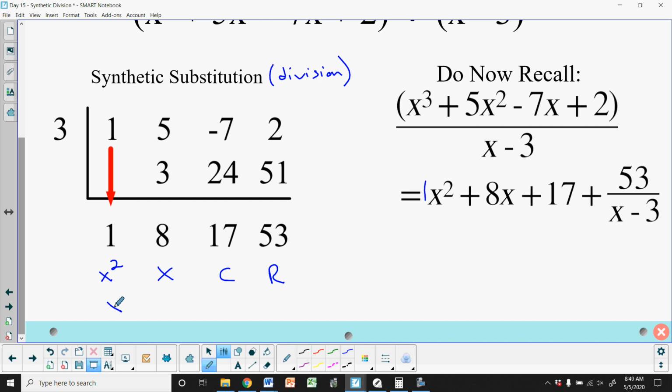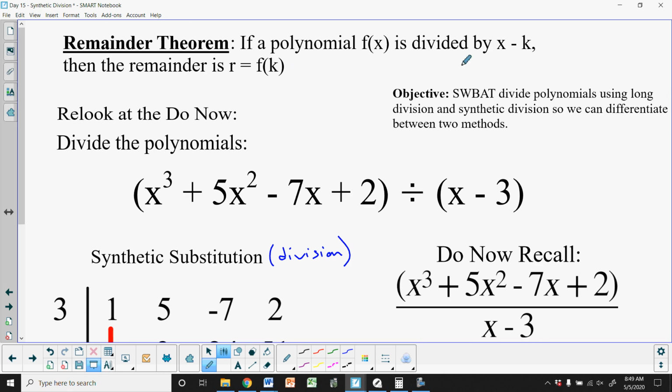So we have x squared. Notice that all the signs are positive, plus 8x plus 17 plus 53. That's our remainder. And remember, now look here, this is going to be something that might trip us up, is that this is a positive 3 and it's x minus 3. So if we look back all the way up at the remainder theorem, it says x minus a number.